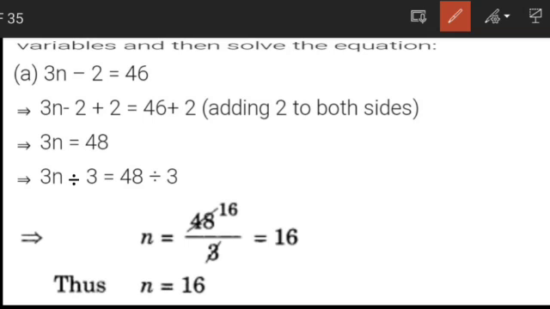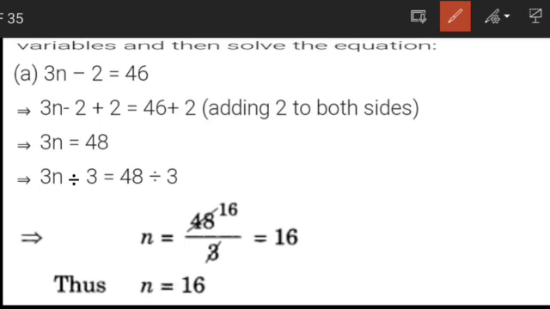So here 3n minus 2 is there, and we are going to follow addition and subtraction first and then multiplication and division while solving equations. Regularly we follow DMAS, that is division, multiplication, then addition, then subtraction. But when you are solving equations, you have to follow ASDM: A for addition, S for subtraction, D for division, M for multiplication.